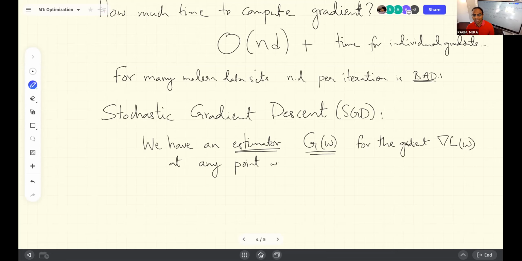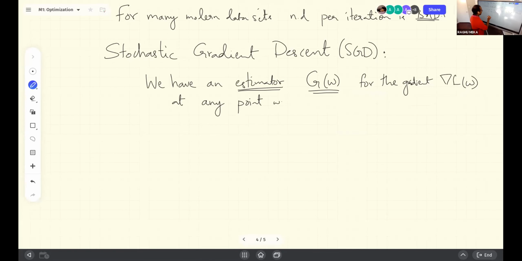Now you use some randomness or whatever, but I'm getting something which is an estimator for the gradient, and we'll assume, in statistics language, it's called an unbiased estimator, meaning the expected value of my estimator is exactly the gradient. Actually, let me switch from working with loss to any function.